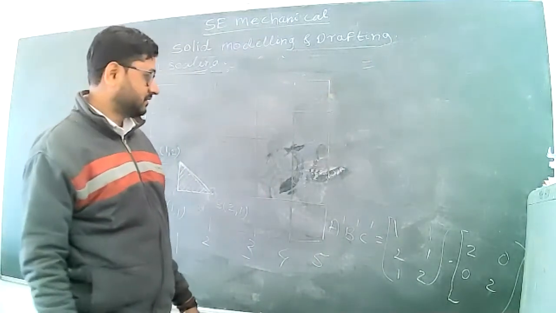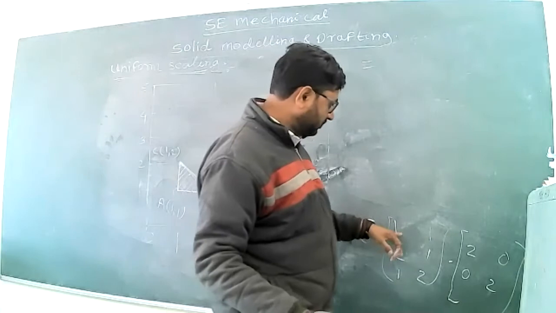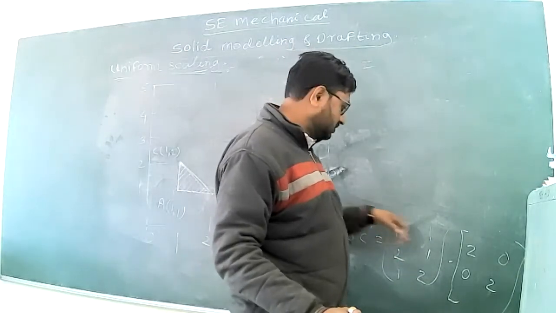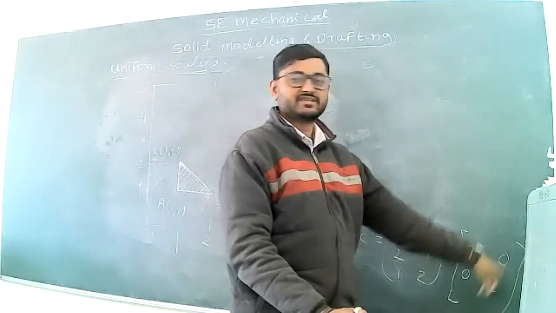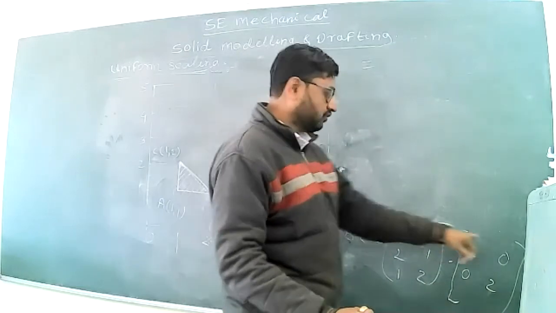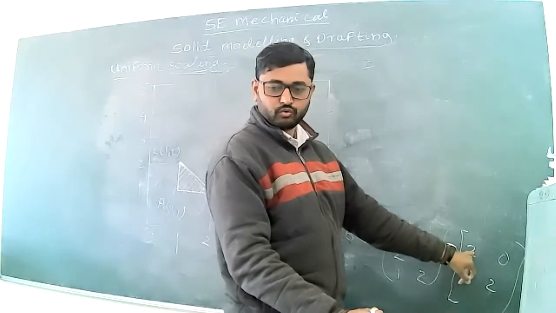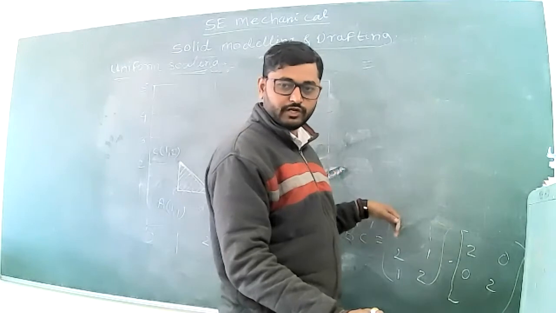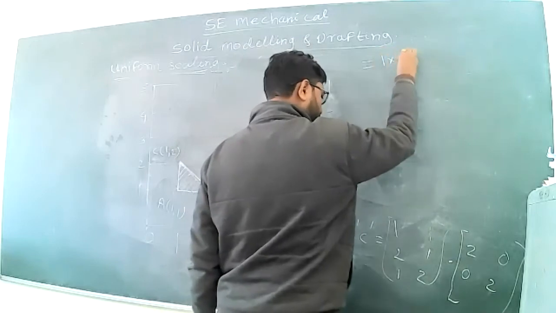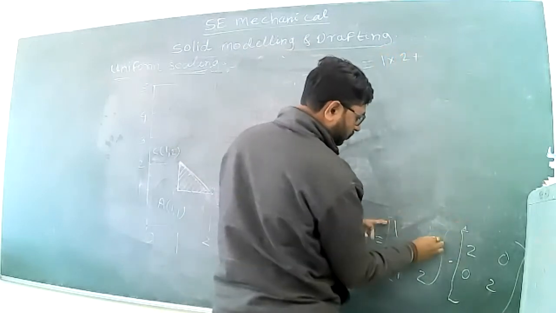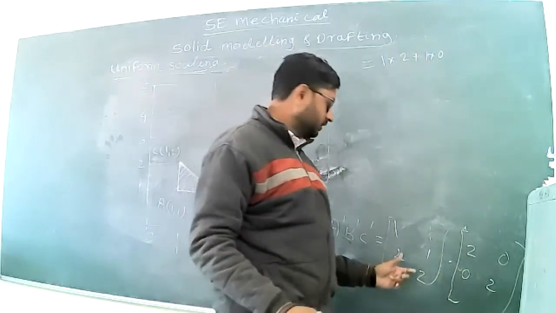How to solve this matrix? You know that to find the first element, you have to perform row into column. First row, first column. For the second element, first row, second column. So first row, first column means 1 into 2 plus 1 into 0.